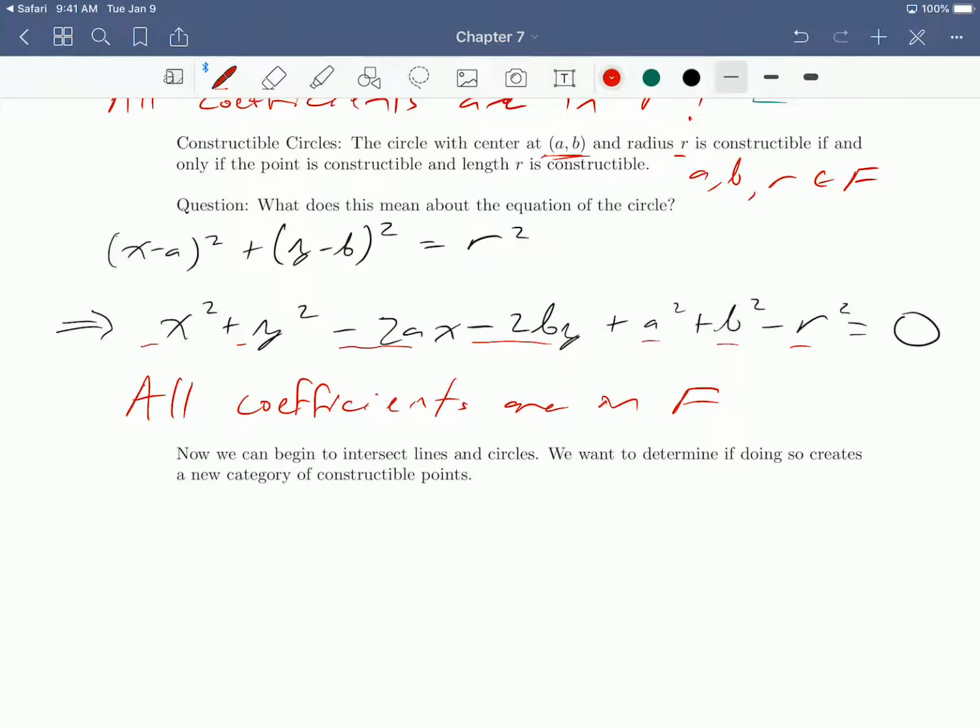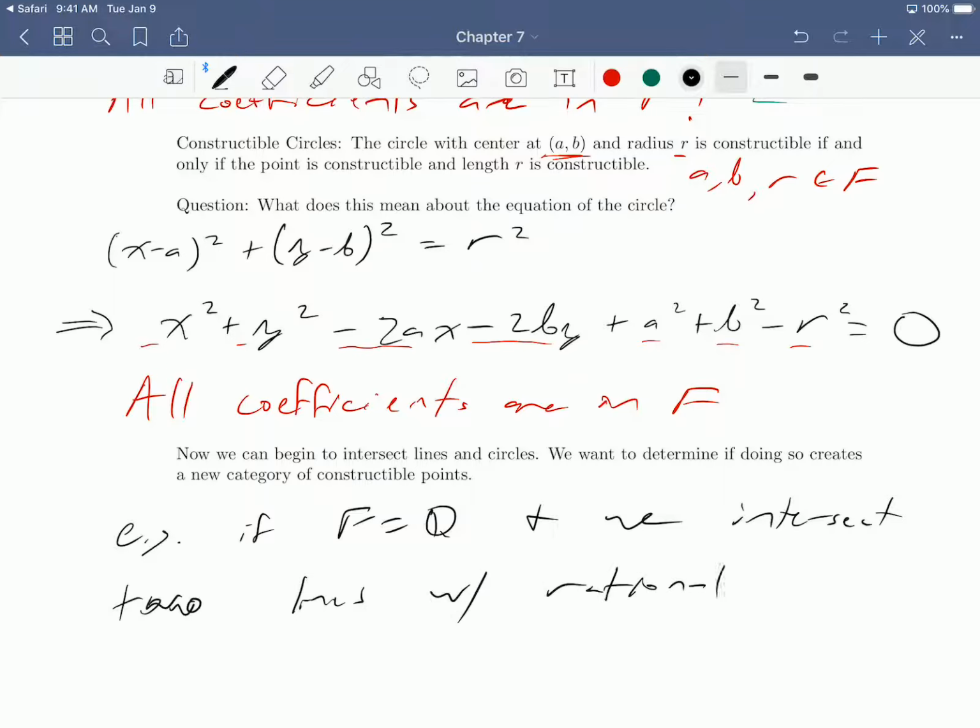If I intersect two equations where all the coefficients are rational numbers, for example, is the intersection point a rational point? Are the coordinates of the intersection point rational? So if F is Q and we intersect two lines with rational coefficients, is the intersection point rational?